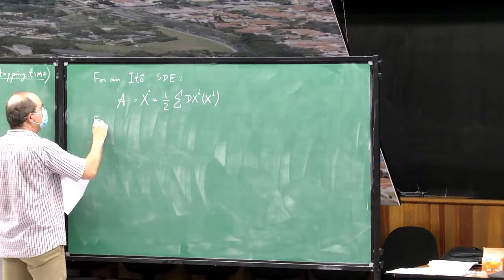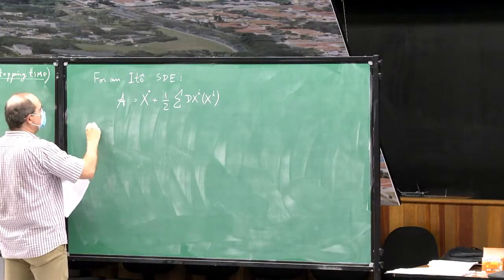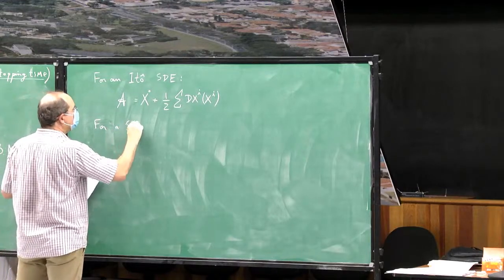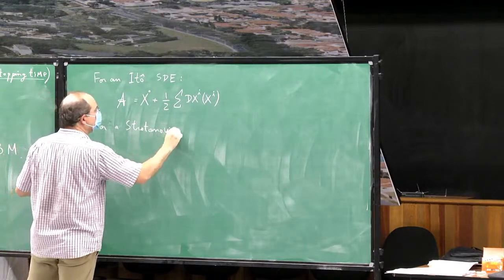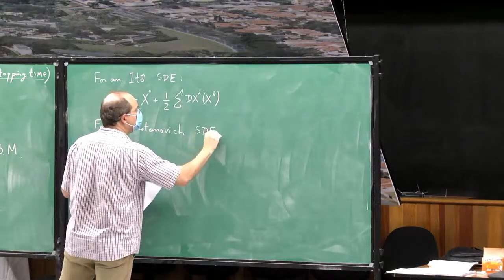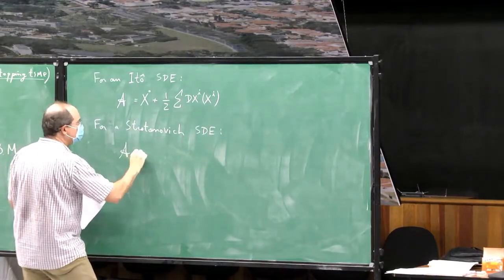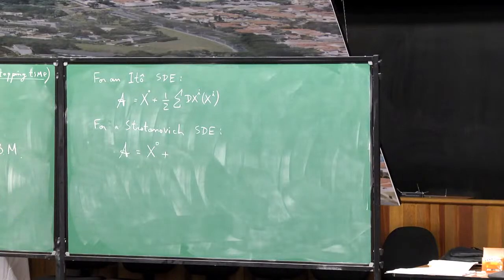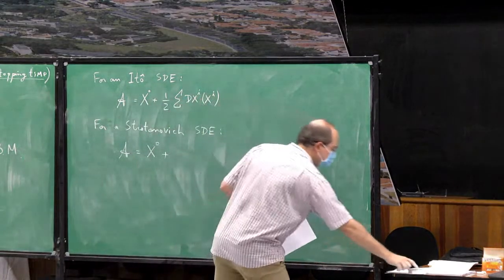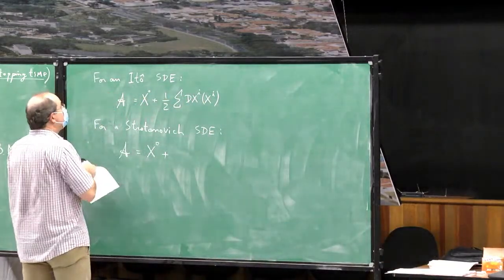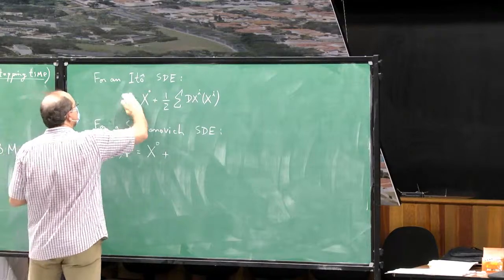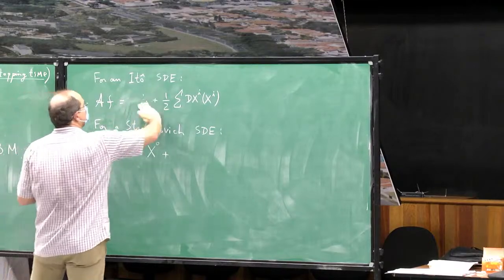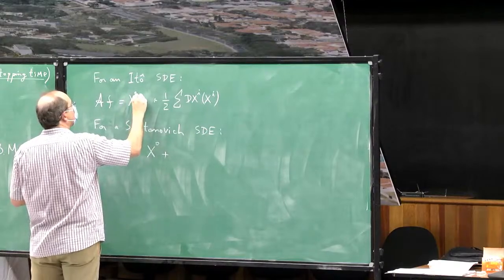And for a Stratonovich stochastic differential equation, the infinitesimal generator equals X naught, the first order term, applied to f, X0 f.